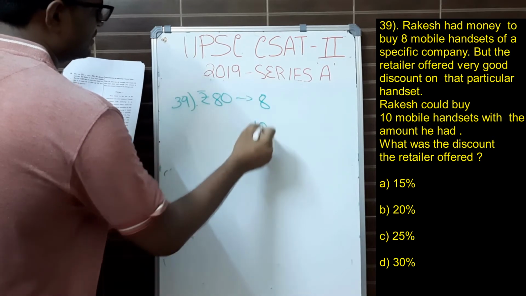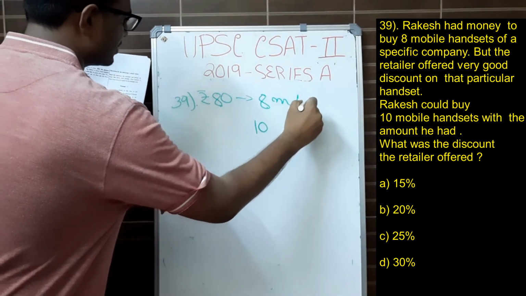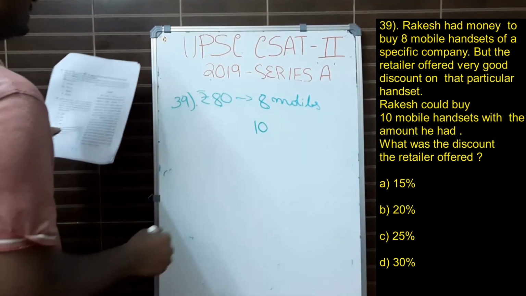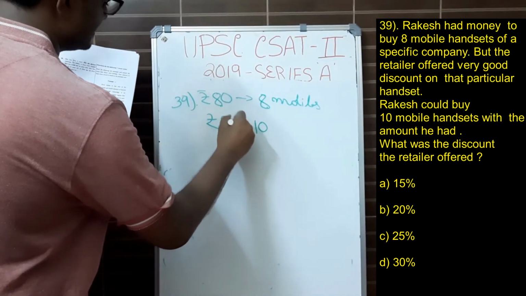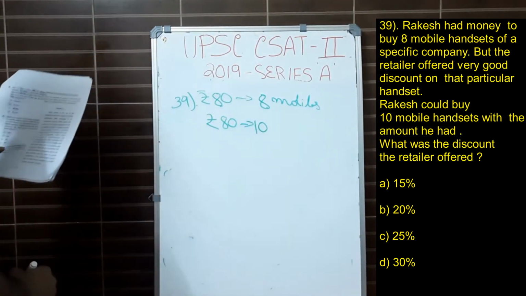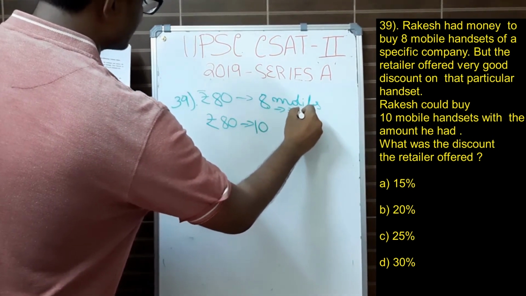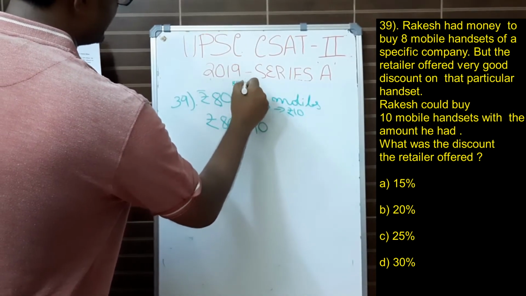If 80 rupees is the cost for 8 mobiles without the discount, then with the discount, in the same 80 rupees, he is able to get 10 mobiles. So in the first case, without discount, the cost of each mobile is 80 by 8, which is 10 rupees.